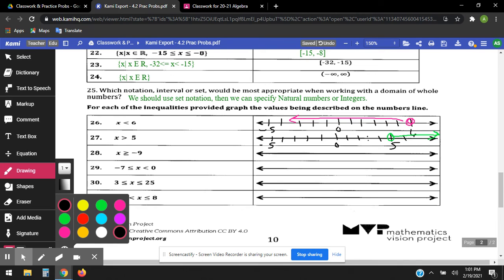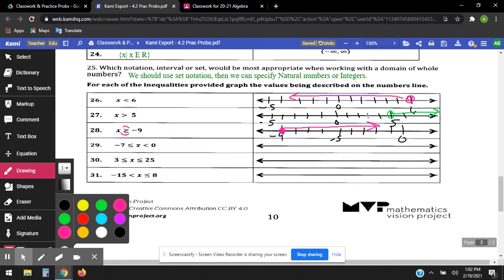We have to get to negative 9 this time. So I'm going to go ahead and put my 0 over here. 1, 2, 3, 4, 5, 6, 7, 8, 9. And this time I want a closed circle because it is equal to. So I'm going to close my circle. And x is greater than, so I'm going towards the positives.